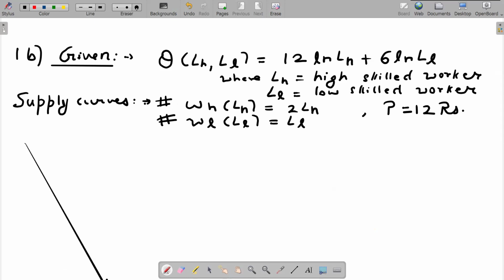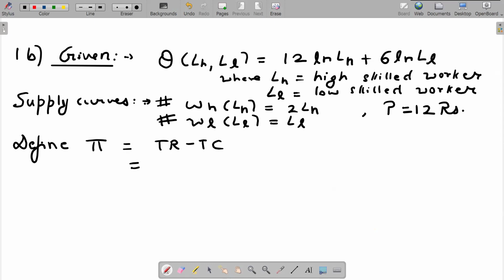So define the profit function as follows. Profit is total revenue minus total cost. Total revenue is price times quantity, minus total cost, which is WH as a function of LH times LH.